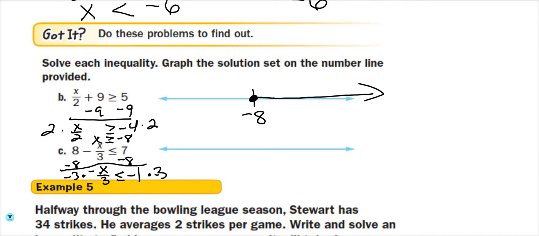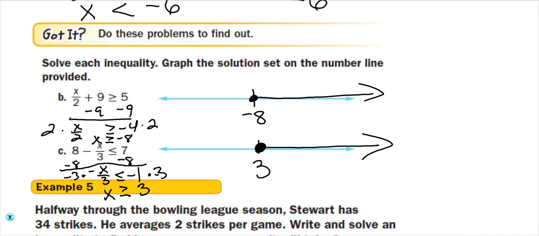And that's going to give me x, and since I'm taking it with it, we're going to switch the sign, because it's negative 3, and that's going to make it positive 3. Then we're going to do a closed dot, and again, it is greater than or equal, so we're going to go towards the right.